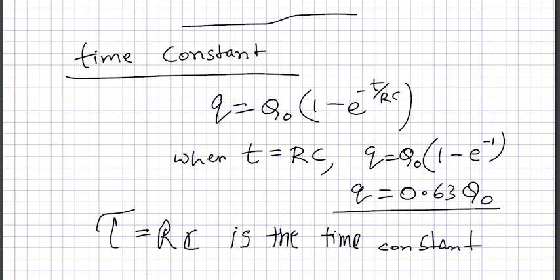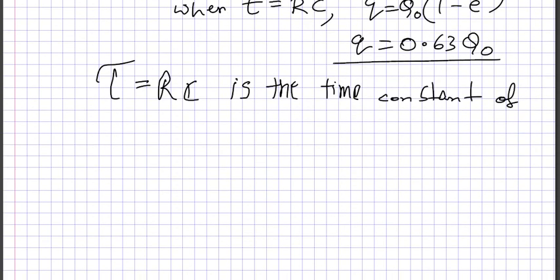This is the time constant of the CR circuit. You can note that it depends only on the resistance and capacitance in the circuit.